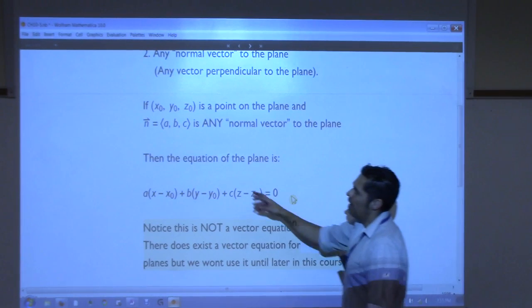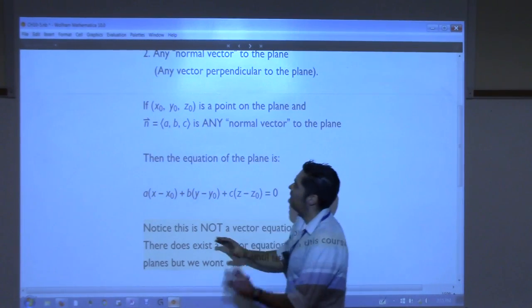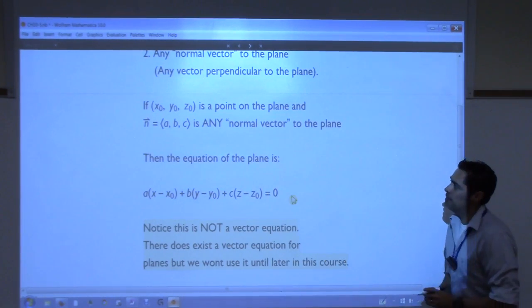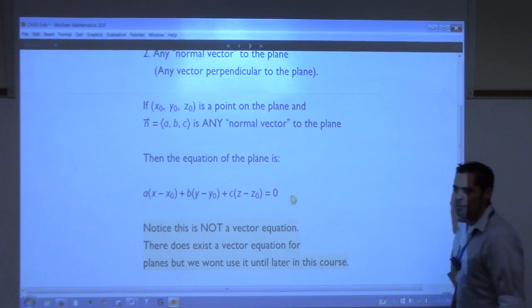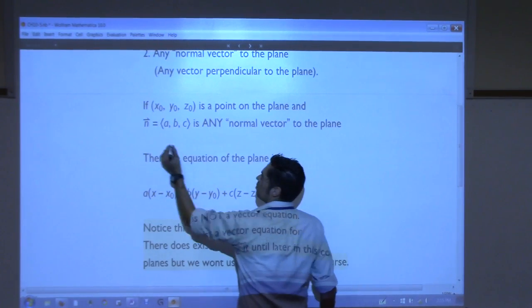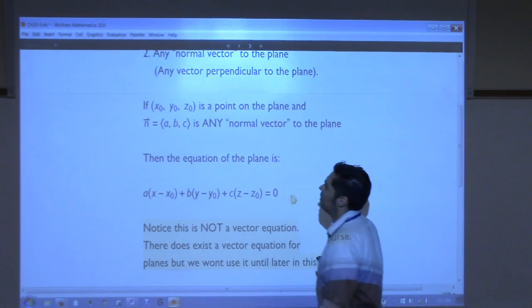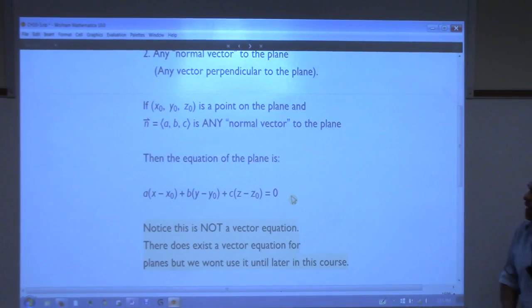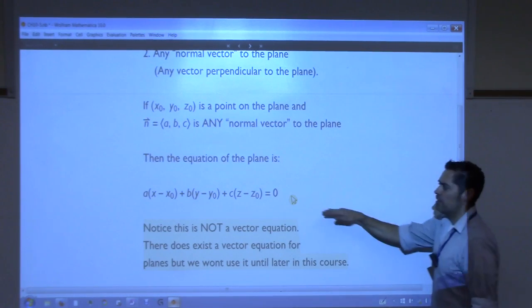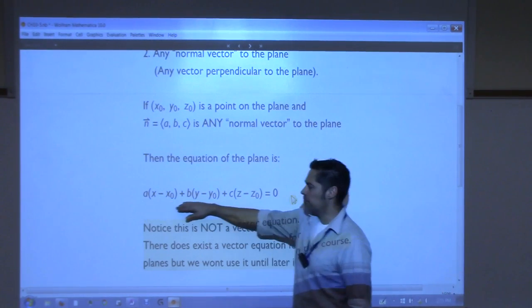If x naught, y naught, z naught is any point on the plane, and this new vector, which we call the normal vector, which we're going to use n, is the vector ABC. If that is any normal vector to the plane, then the equation of the plane is given by this equation right here.